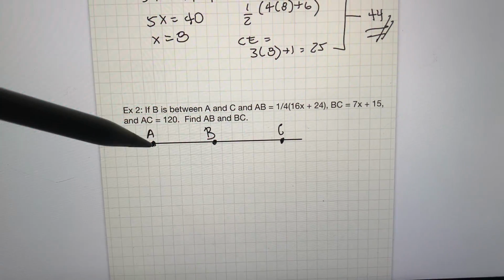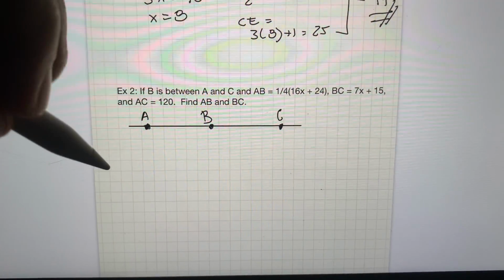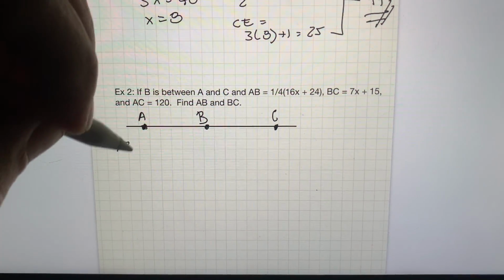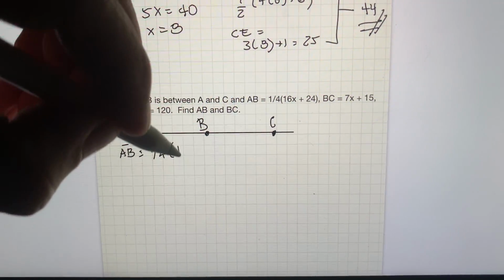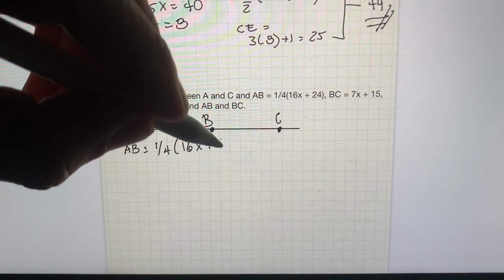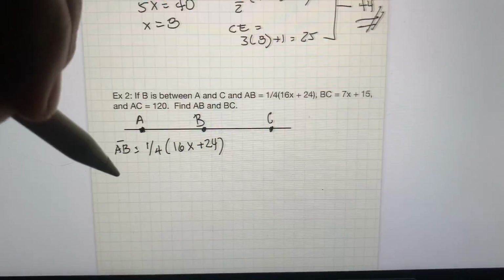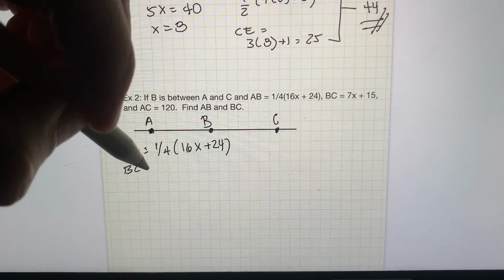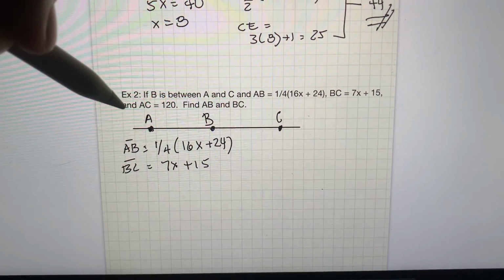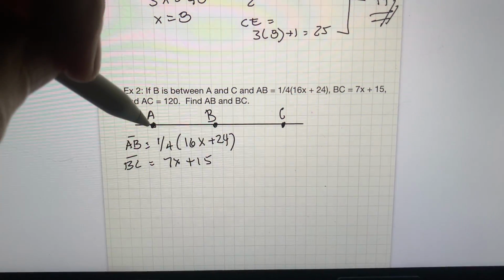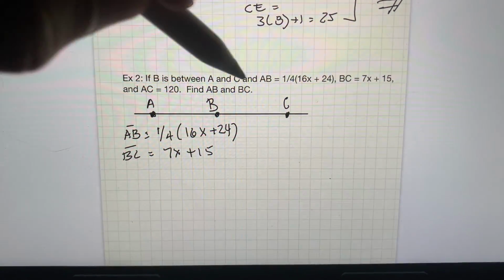So now I know that AB equals 1/4 times 16x plus 24, and BC is 7x plus 15, and the whole segment from A to C has to measure 120. So we need to find AB and BC.